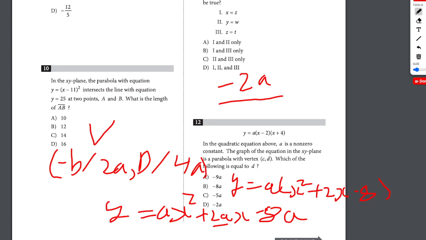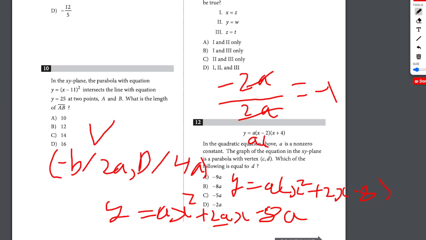So that's our b term. Negative b over 2a, which looks like, well, this is 1, so it looks like it's just 2a. Negative 2a over 2a is, well, let's cancel this out, negative 1. Now we're going to plug in negative 1 into this equation. That's our x value.